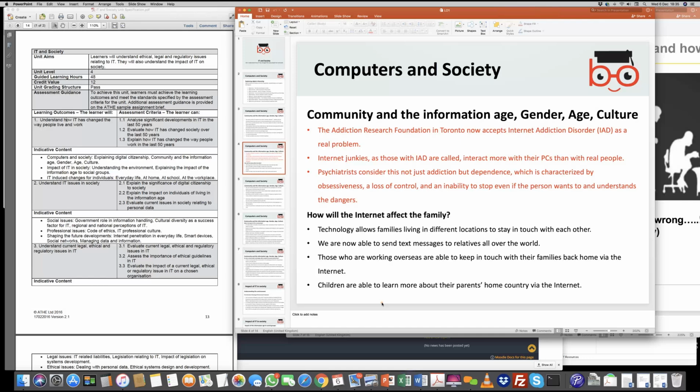So there are some positive effects of technology, and there are some negative effects. But because we are using technology more and more on a daily basis, there are institutes or bodies which have been set up to study the negative effects and the influence of technology on people in general for the long term.